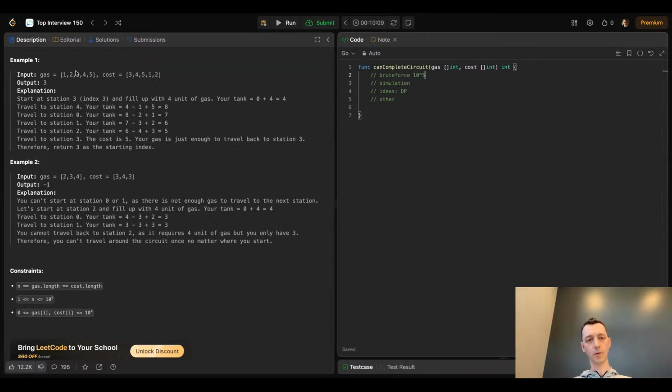So if we go through the list, and for each node we go through the entire circuit, that will be n squared, which can go to 10 to the power of 10.